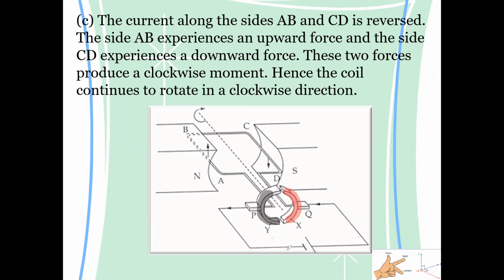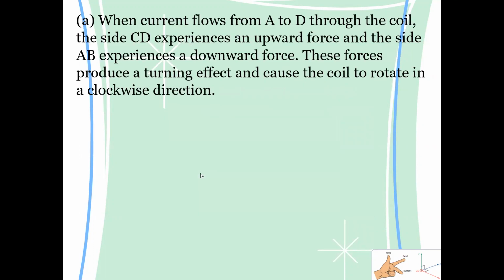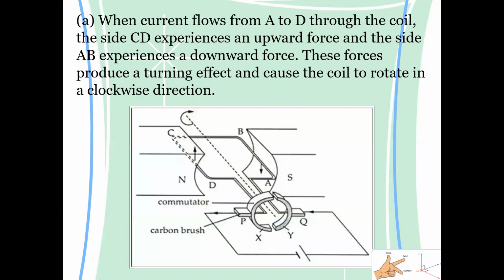So when X is on the right hand side and Y is on the left hand side, the ends also change. If you see the first figure, X was on the left hand side, Y was on the right hand side, and the side CD was on the left hand side and AB on the right.